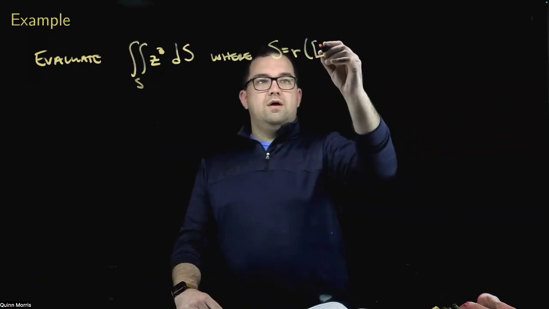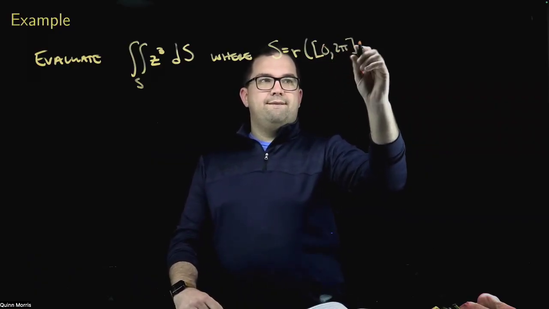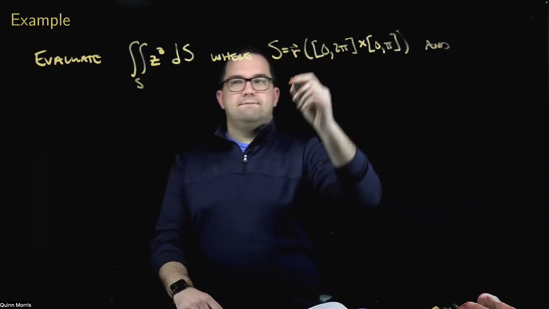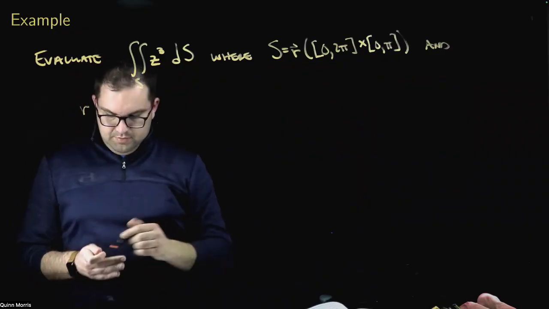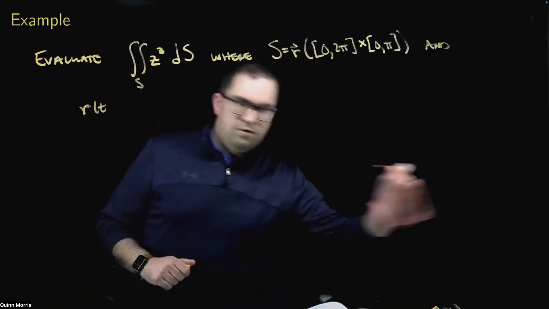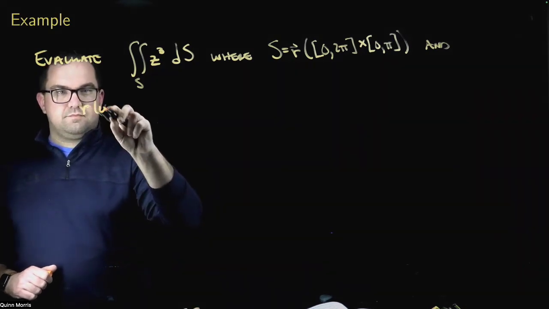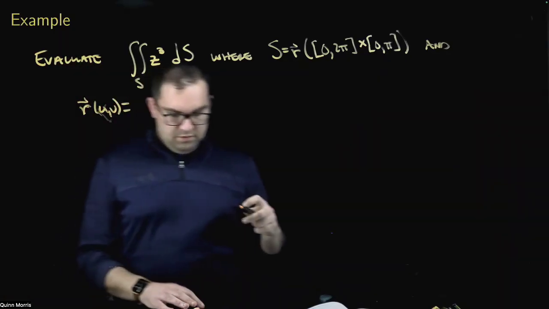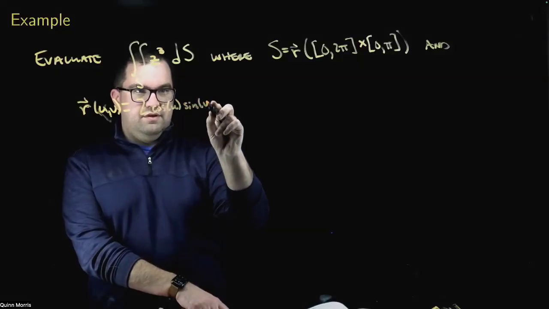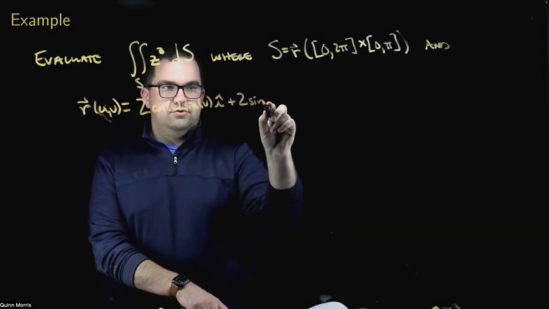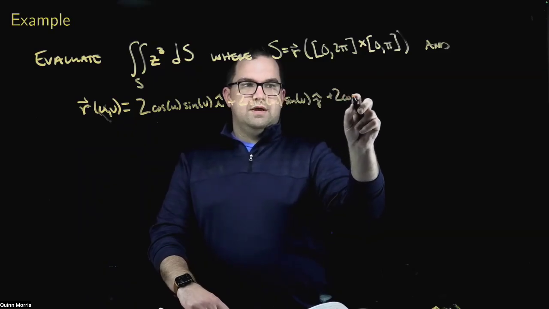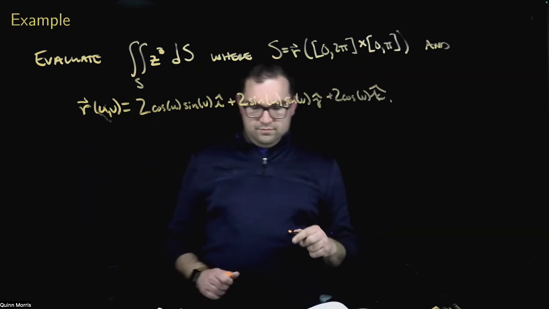Remember here, for the sphere, our u's went from 0 to 2 pi, our v's went from 0 to pi, and that parameterization r of u, v was 2 cosine u sine v i plus 2 sine u sine v j plus 2 cosine v k. All right.